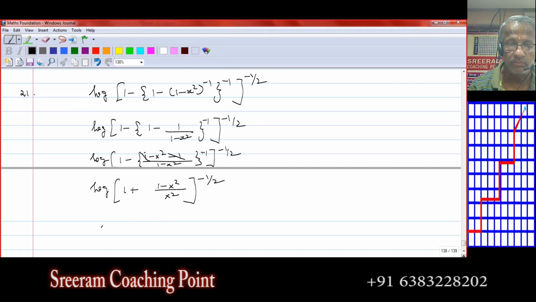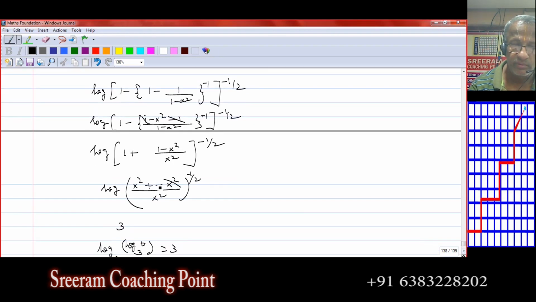So this will become log of (x squared plus 1 minus x squared) divided by x squared, minus half. These two will get cancelled. Correct?